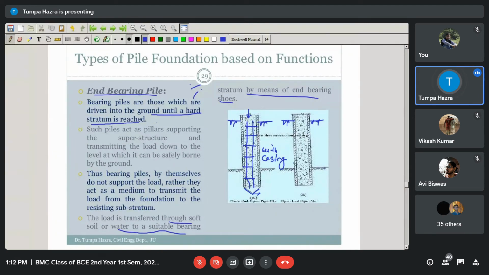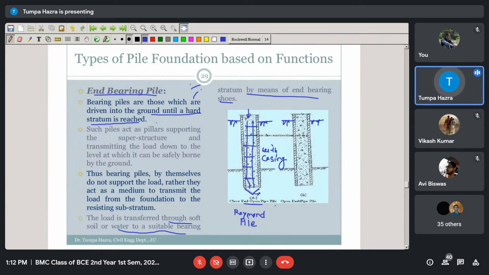And one example of this with casing end bearing pile is the Raymond pile. This is with shoe and this is without shoe.